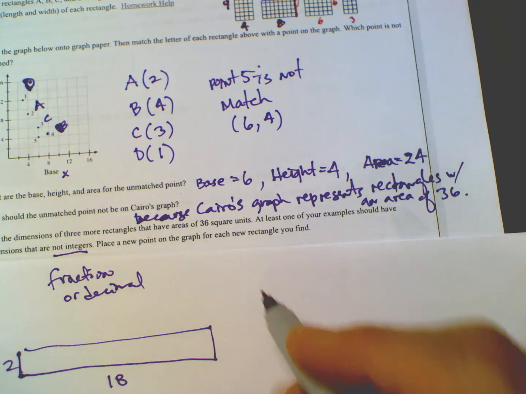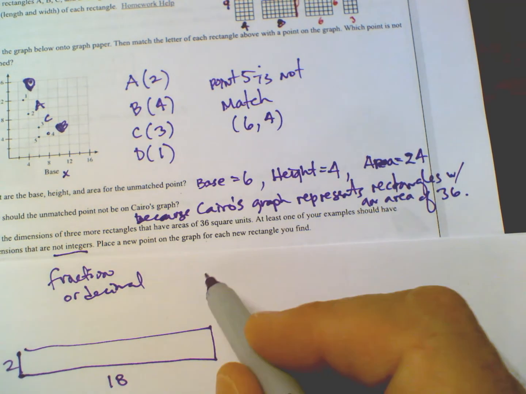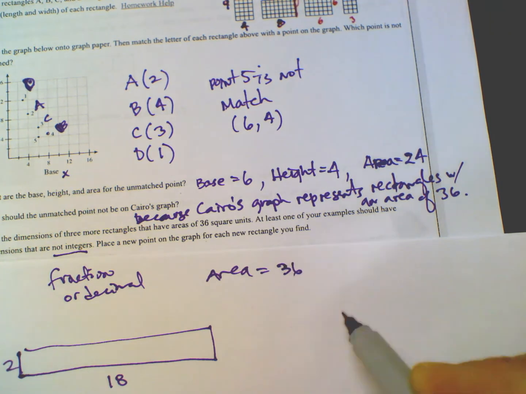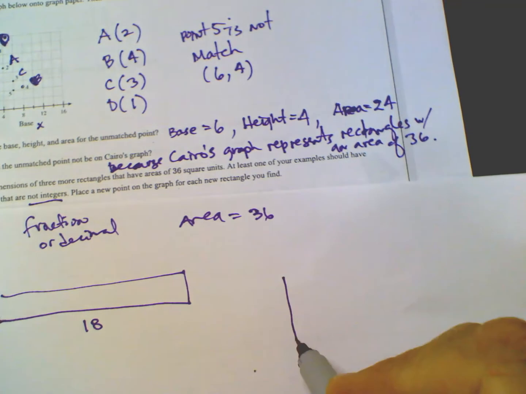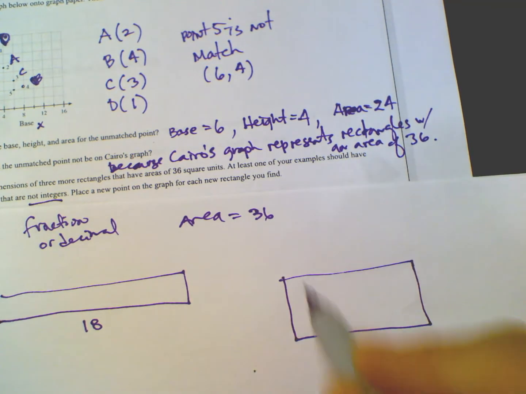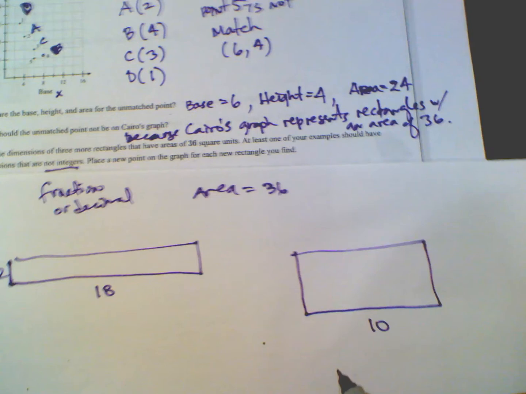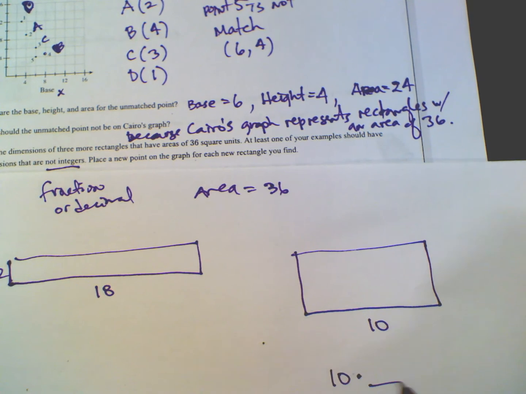So if I know the area, here's how I find a fraction or decimal. If I know the area is equal to 36, I just pick a number. Let's say the base is 10. If the base is 10, what would be the height? So what has to be true in this case? 10 times something equals 36.